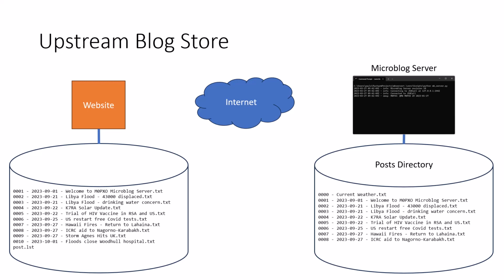So then what I did was I added code to the microblog server, and that code is triggered by the expiration of the MB announcement timer. So the one that announces, here's a blog, here's the latest post ID, here's the latest post date, that timer.